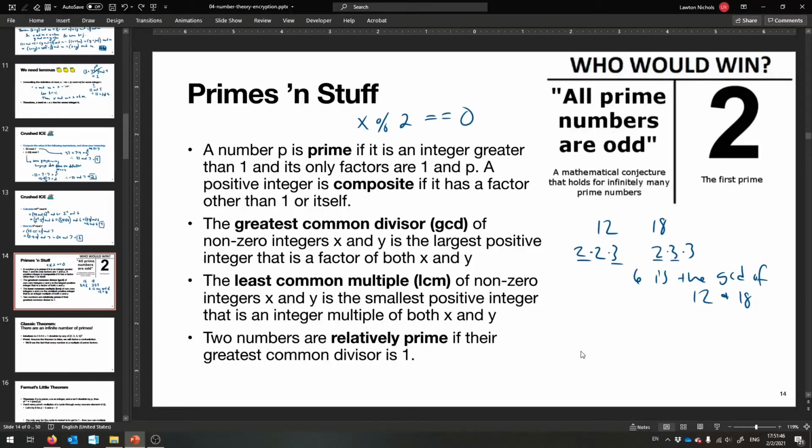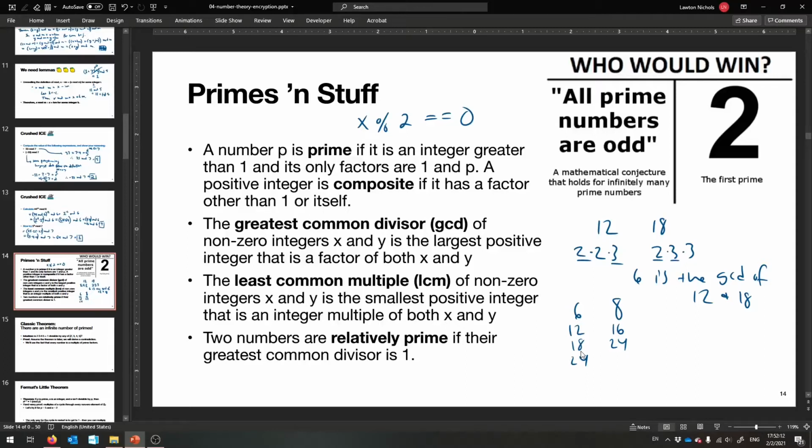So let's find the least common multiple now of not 12 and 18, but let's see, I don't know, 6 and 8? Let's try that. It's the smallest thing that they both share. So for 6, you can go 6, 12, 18, and 8 goes 16, 24. Ooh, 24.